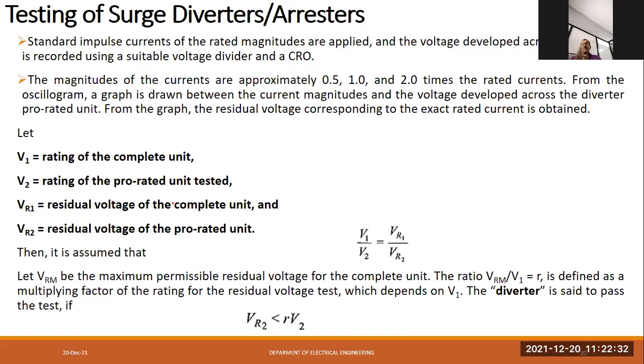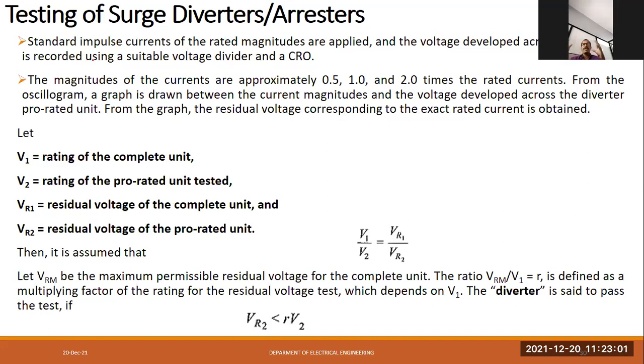That voltage divider will divide the voltage, and it will be measured with the help of a cathode ray oscilloscope. The magnitude of the current may be 0.5 times, 1 times, or twice the rated current. Whenever we get such magnitudes, on the CRO we will get a graph between current magnitude and voltage magnitude.